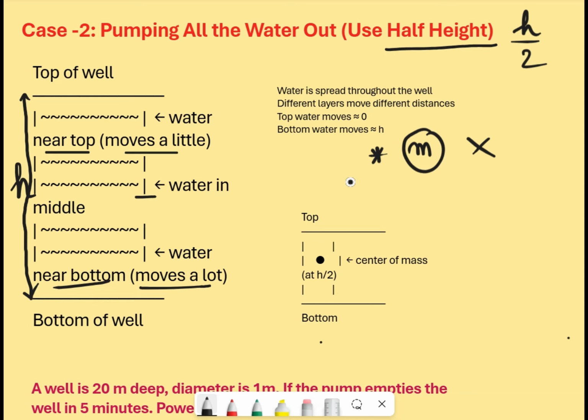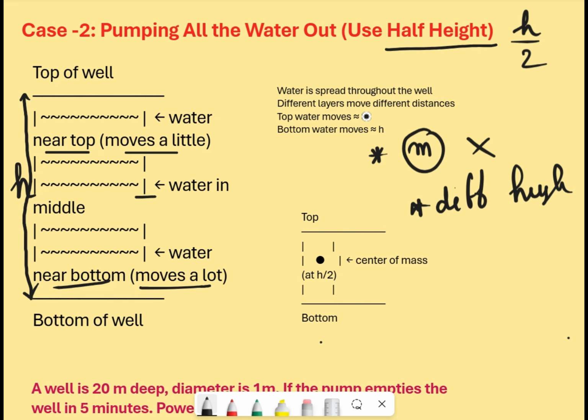So here is a very important thing we have to remember, that when the question asks for different height, say one pump is used to take out half of the well, and then we are using another motor or another pump, how long it will take, such a type of question may be asked.